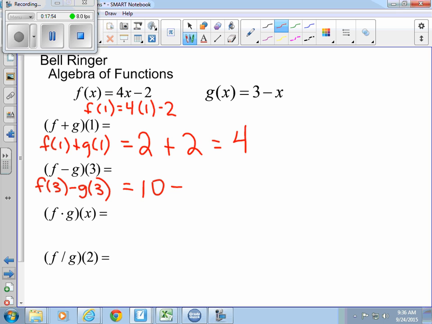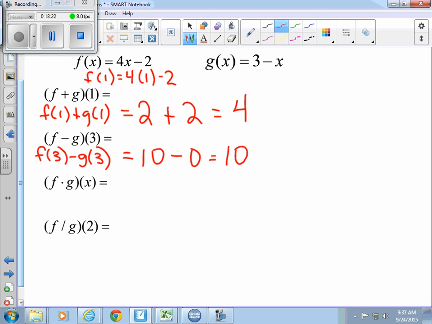So here's how I'm getting those numbers. f times g of x. But if I had a number, I'd put a number in both and then multiply. This one is not f times g of a number.